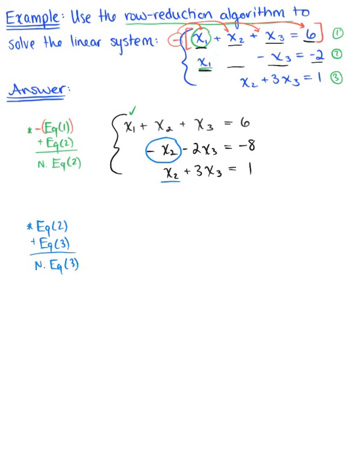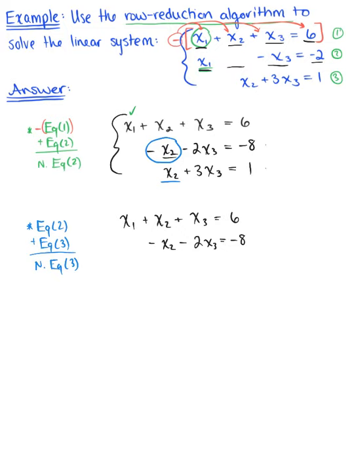So here we go. Equation 1 still remains as it is. x sub 1 plus x sub 2 plus x sub 3 is equal to 6. Equation 2 will remain as it is. Minus x sub 2 minus 2x sub 3 is equal to -8. And now we're adding equation 2 to equation 3.